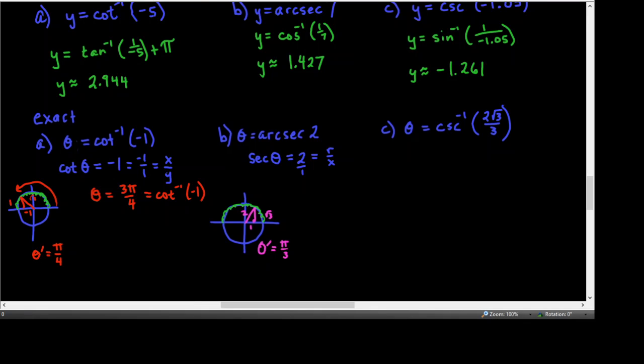And because we're looking at a positive answer, we know it's in the first quadrant there. So it is pi over 3. And so arcsecant of 2 is pi over 3, which we temporarily called theta. Like that. Okay.